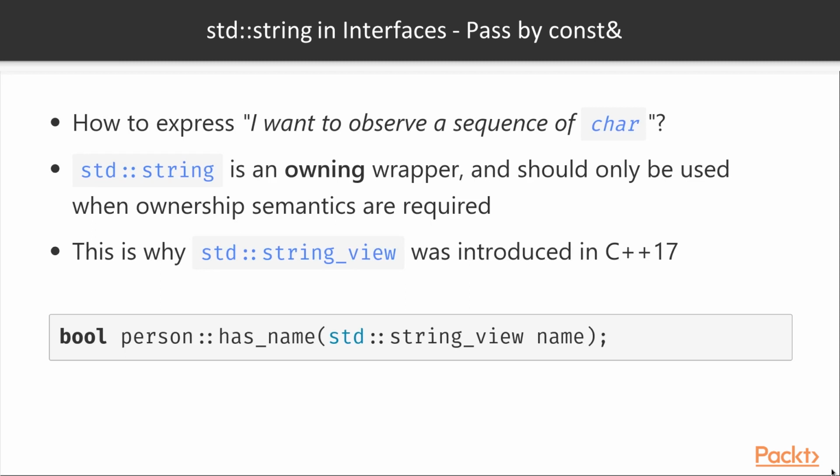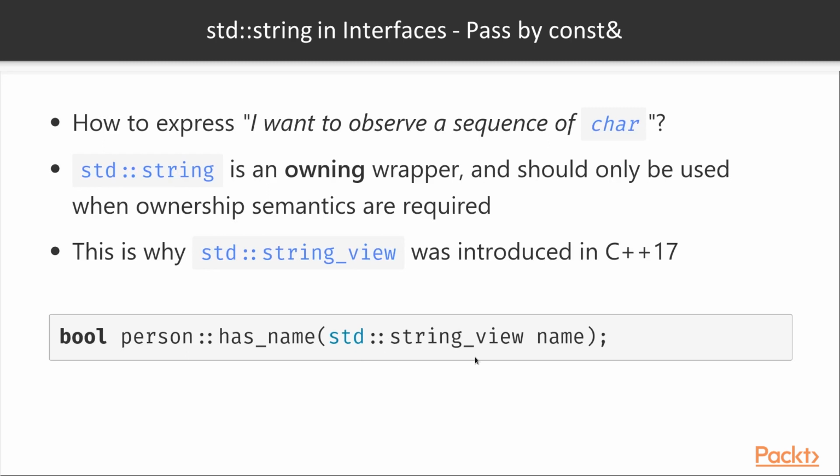How can you express, I just want to observe a sequence of char? std string is an owning wrapper, and you should only use it when you want those ownership semantics. If you only want to observe a sequence of char, std string is not the right type to use. This is why a new type, std string view, was introduced in C++17.